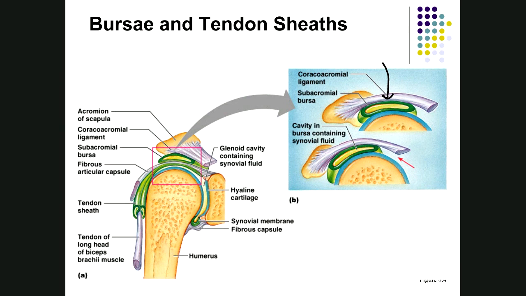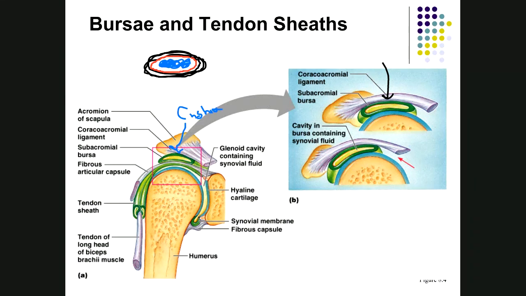It has a fibrous layer on the outside, and then it has this synovial membrane on the inside, and the synovial membrane makes fluid, and so the space inside is full of fluid. So a little fluid containing sac. And what it does, look, it acts like a cushion between two structures.